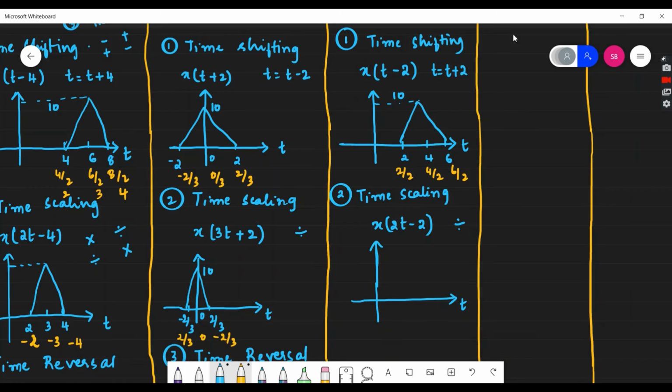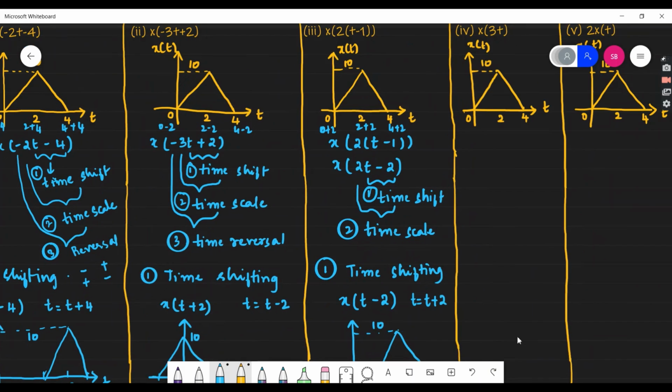This is t. 2 by 2 will be 1, which is somewhere here. 4 by 2 is 2, which will be exactly here. Then 6 by 2 is 3, somewhere in the middle here. So exactly at 2 it is having an amplitude of 10. So this is the end solution you are going to obtain for x of 2t minus 2, or x of 2 into t minus 1.